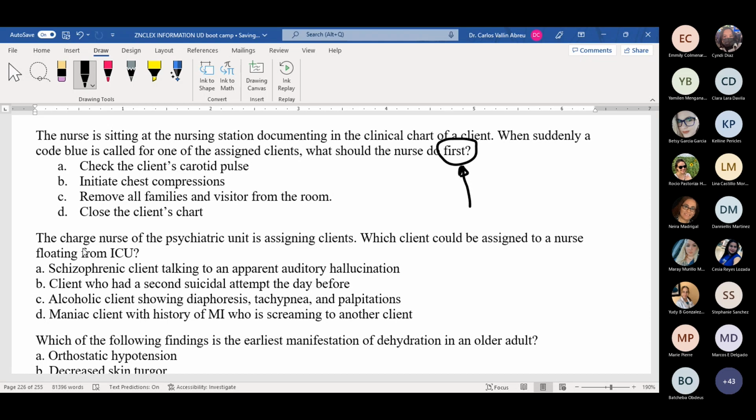So obviously the right answer is to first close the chart, because it takes less than a second. Then you run to help the client that is coding, but you are protecting the privacy of the client that you were working on, because anyone can go there and read it.